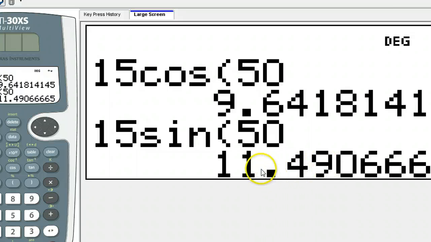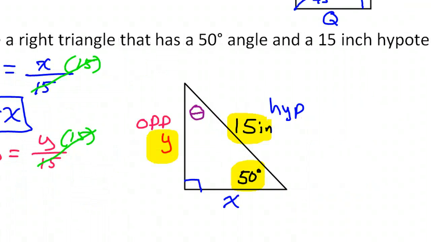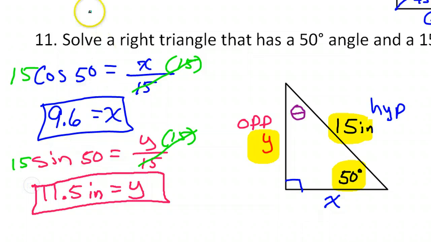Got to round up. Oh, let's put some units on here, by the way. It's 15 inches, so I got units. So 11.5 inches. Okay, and the blue one was also inches.